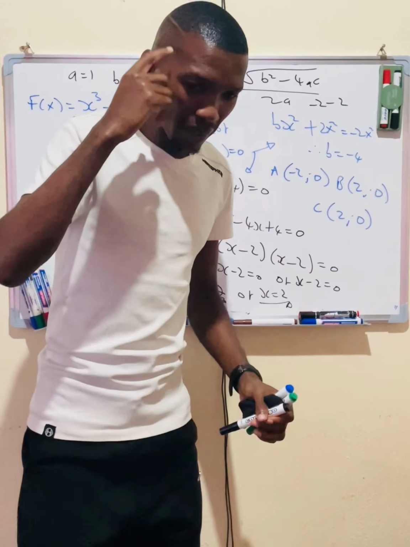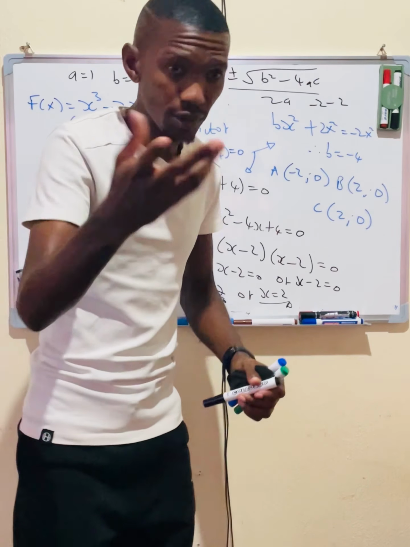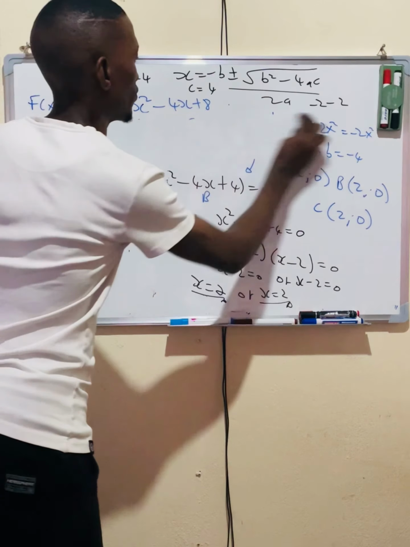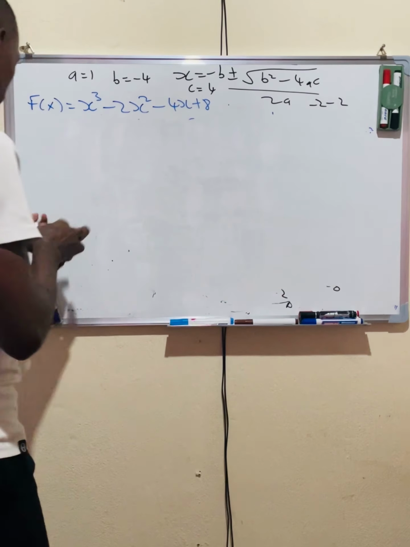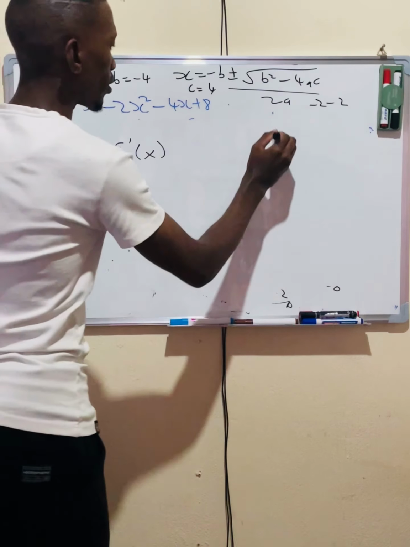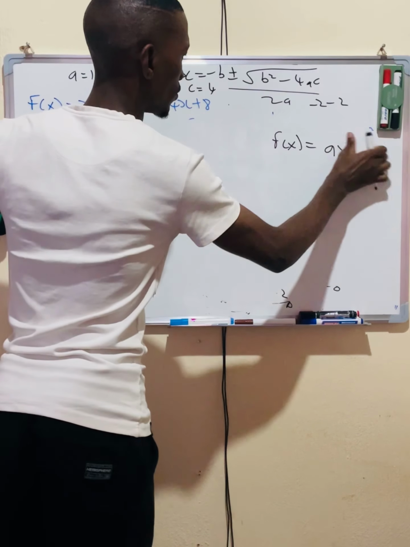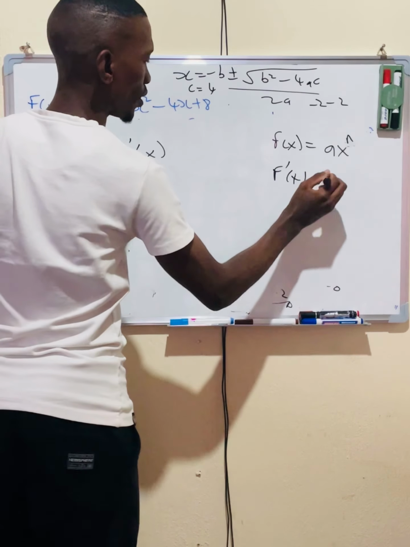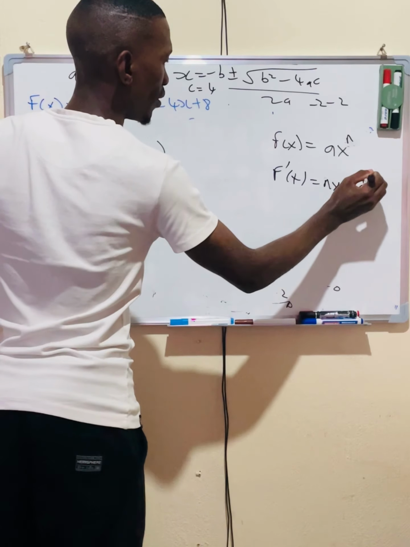I'm hearing someone in my mind say, can you please do the first derivative? Let me show you. So f prime of x using the power rule: the first derivative equals n times a x to the power n minus 1.